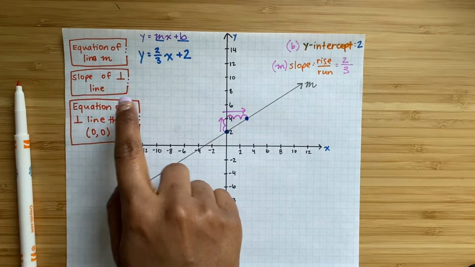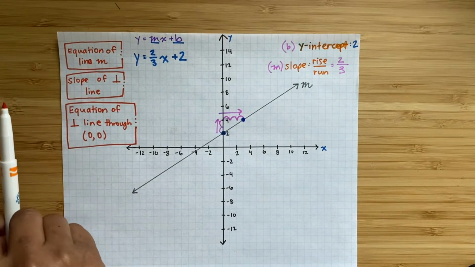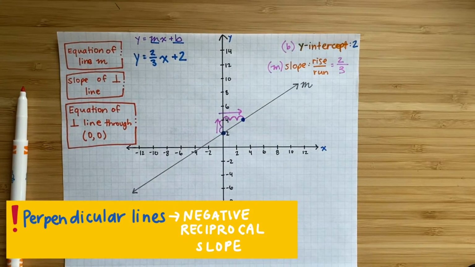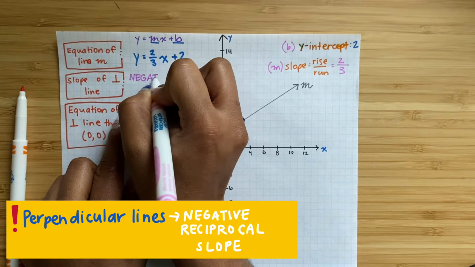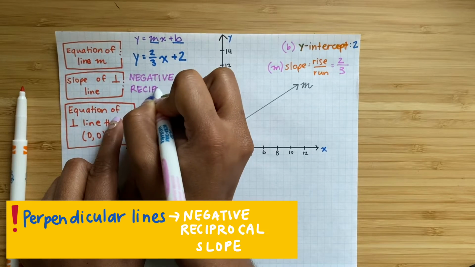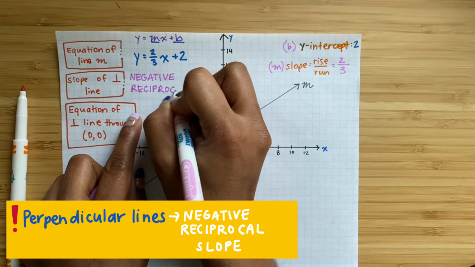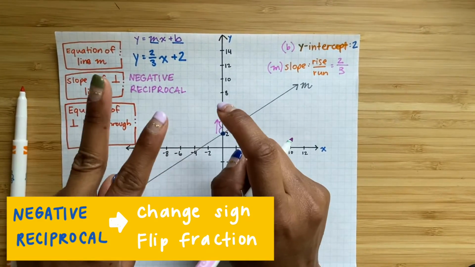Now, in order to find the slope of a perpendicular line, this is where we learned our new vocab term, and that vocab term was negative reciprocal. I'm just jotting that down here just so I get familiarity with that word. The negative reciprocal breaks down into 2 steps.